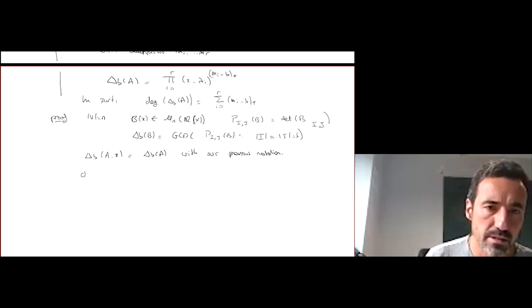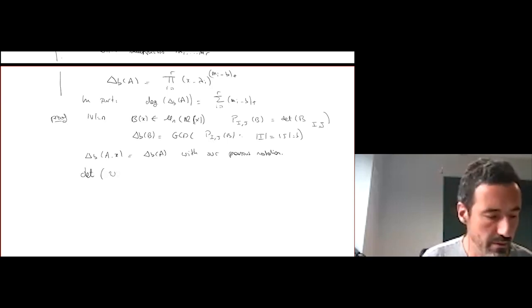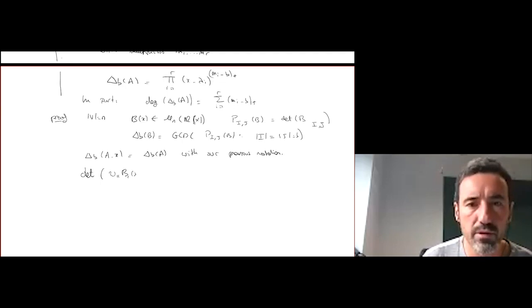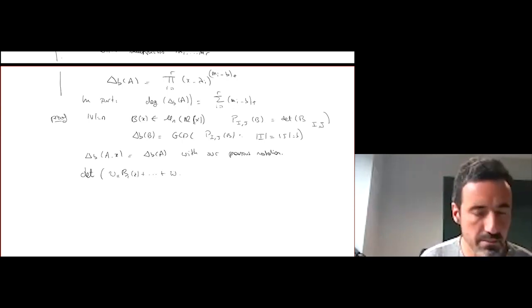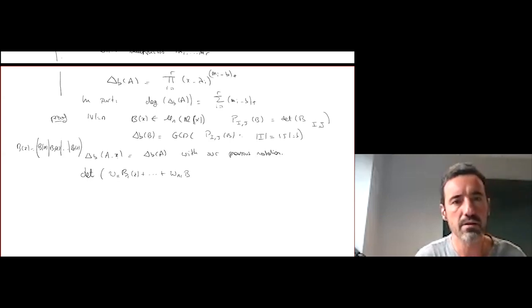The first thing to observe, if you look at the determinants, is that I make a linear combination of the columns. Let's write B of x as the first column, the second column, and so on, m columns.